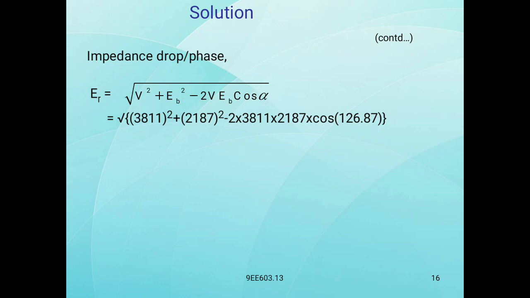Substituting V, EB and alpha values: under root of 3811 square plus 2187 square minus 2 into 3811 into 2187 into cos 126.87. So this we get 5414. This is the value of the resultant impedance drop per phase.